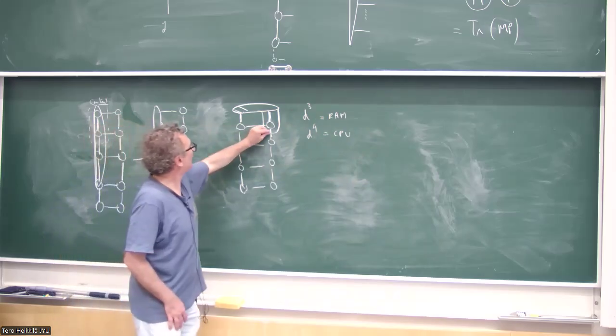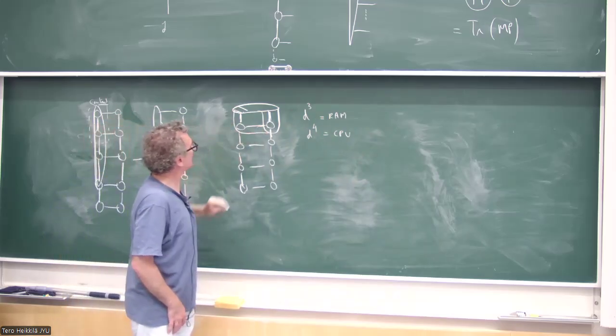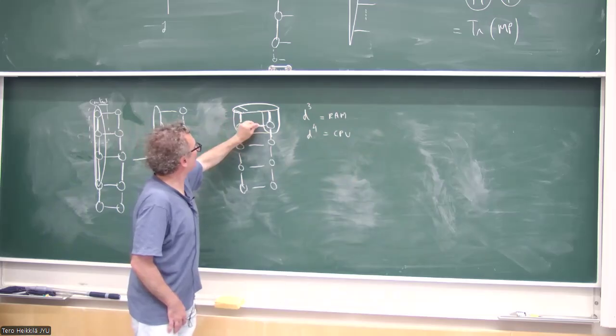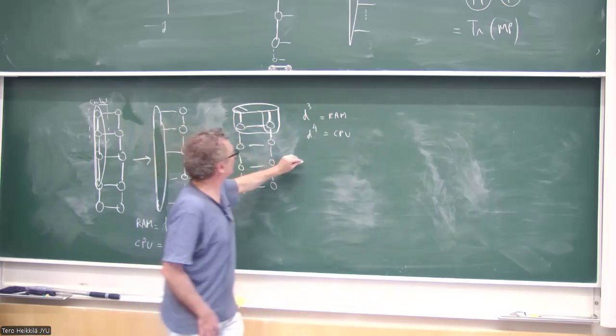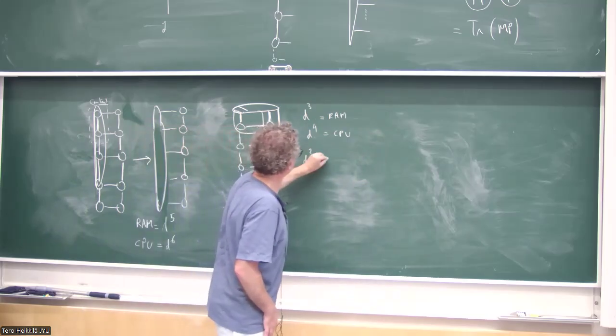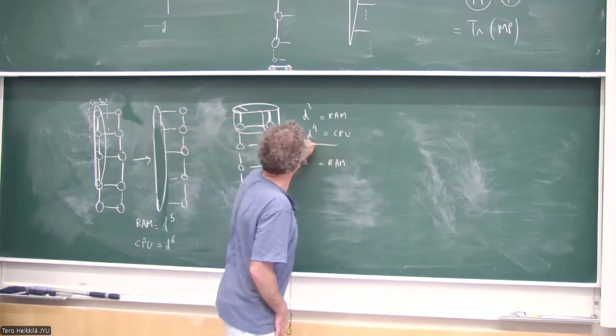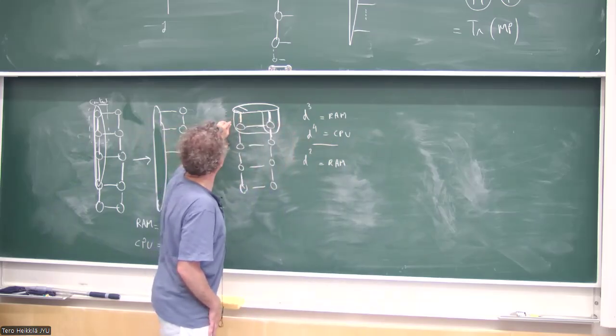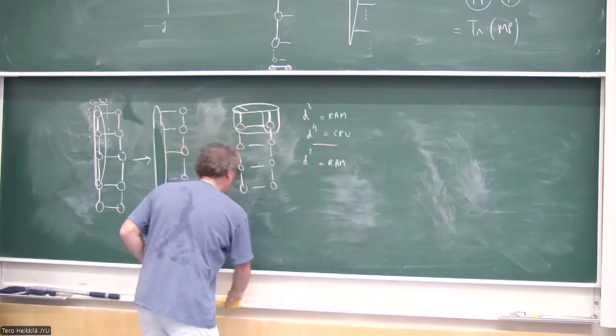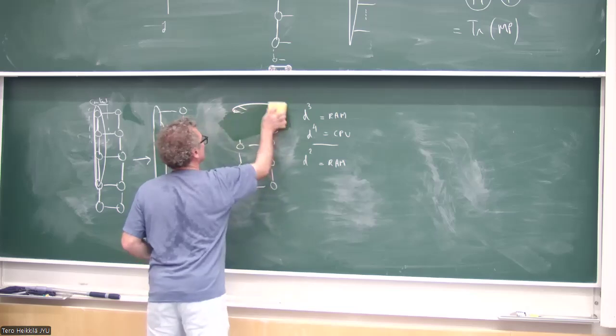Okay, then I absorb this one. So that I have a d to the 3, and then at the end I am back to d square. And to do that, let's see, let me clear up my drawing a bit.